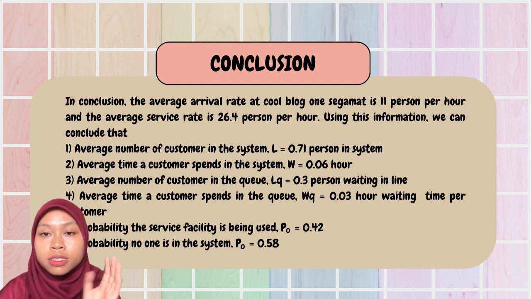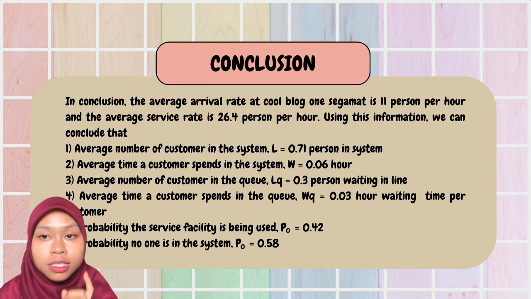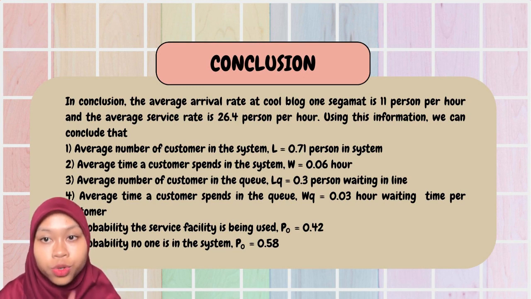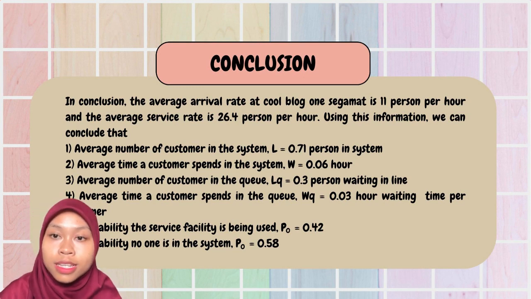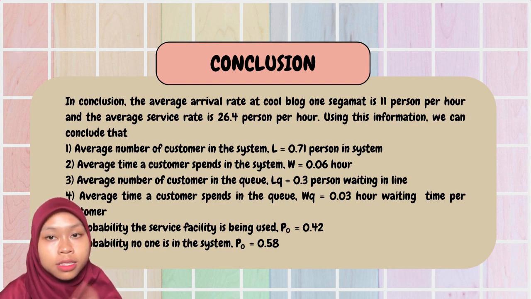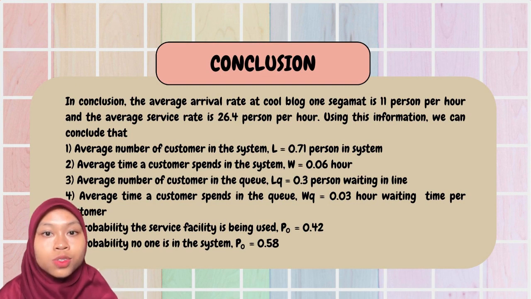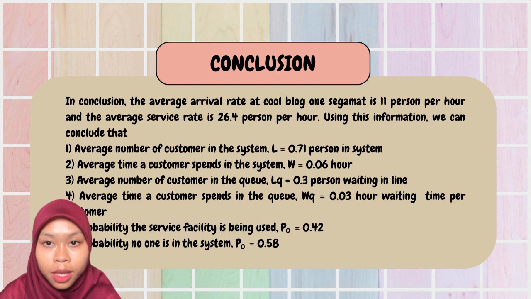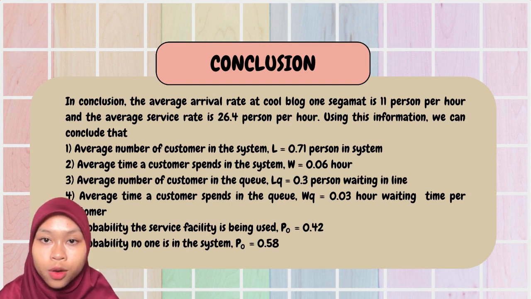Second, the average time a customer spends in the system, W, equal to 0.06 hour. Third, the average number of customers in Q, Lq, equal to 0.3. Fourth, the average time a customer spends in the queue, Wq, equal to 0.03 hour.